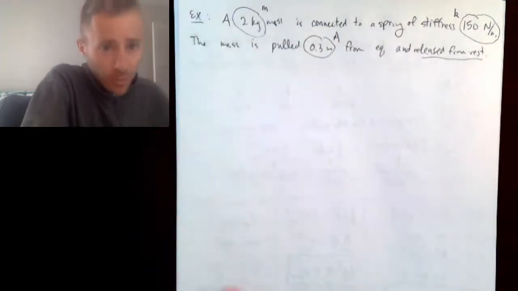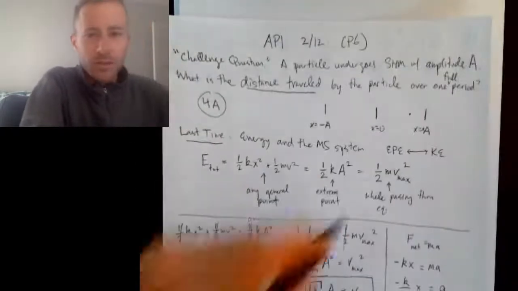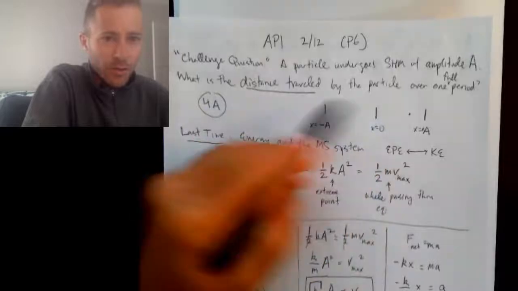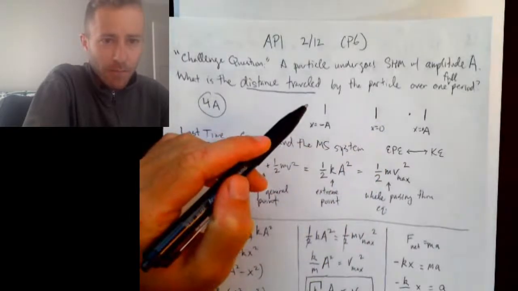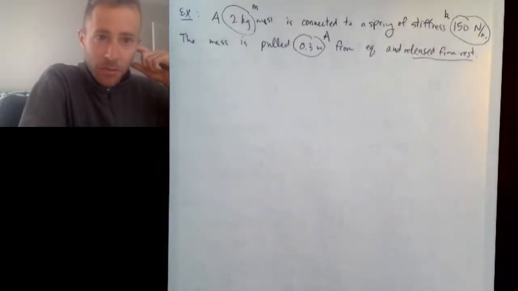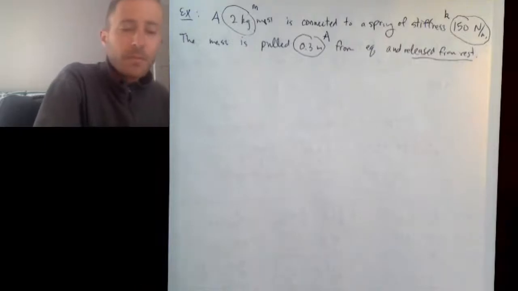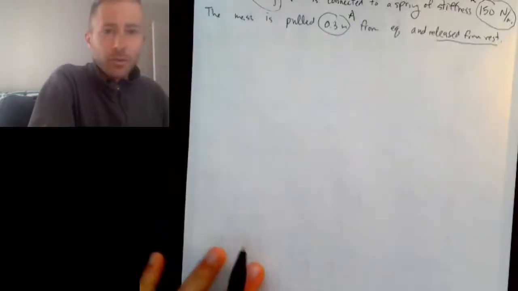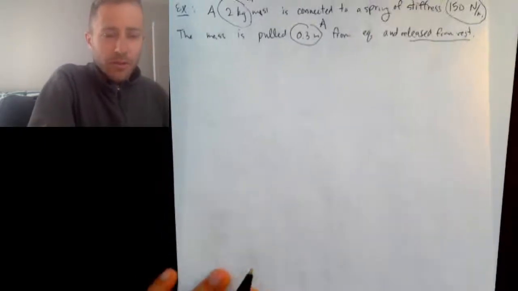Because remember, the extreme points are the only points in simple harmonic motion where your velocity is 0. So if you're at rest that far away from equilibrium, then that must be the amplitude. So we can just go through and start using the equations.